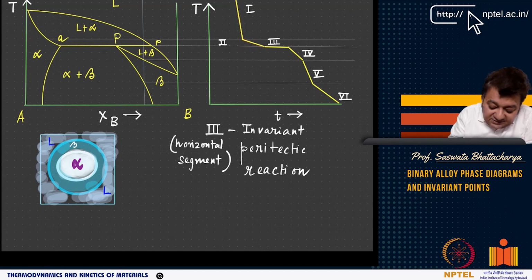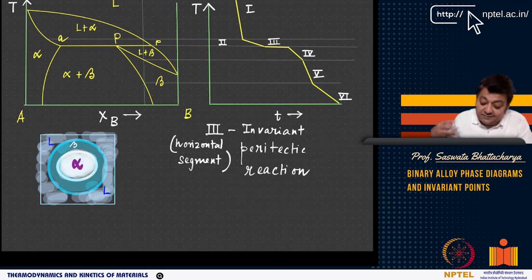Now there is stage 3, the point where you have L plus alpha going to beta. Stage 3 is the most important one because it represents L plus alpha going to beta. Just below stage 3, you now have a liquid beta mixture, with beta particles embedded in the liquid phase.